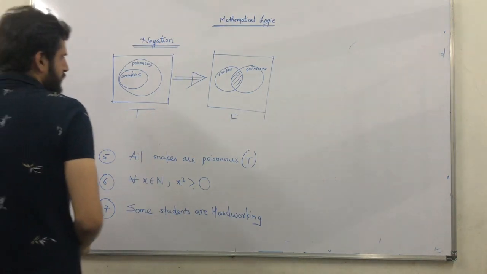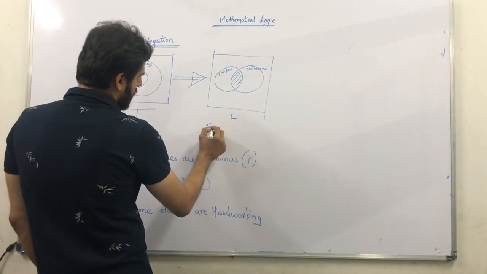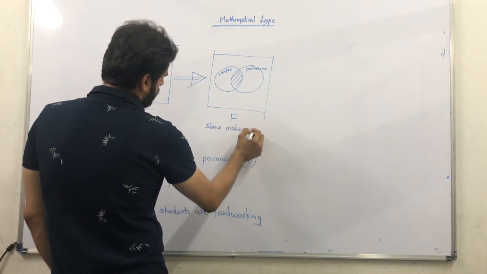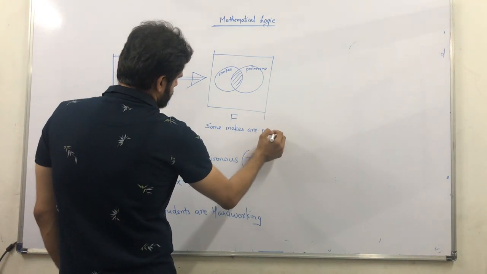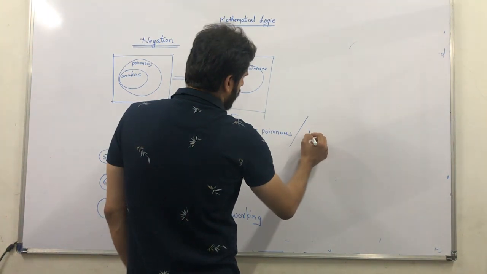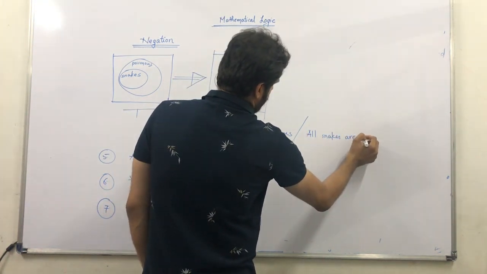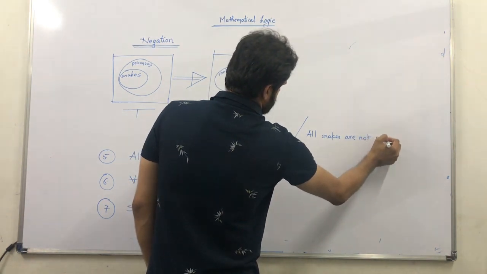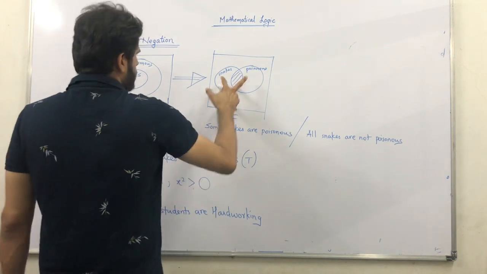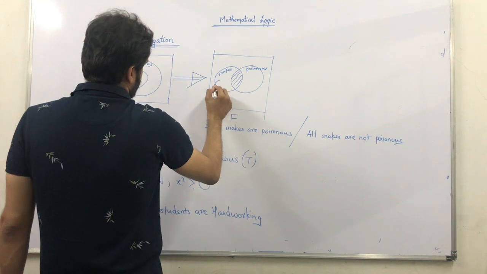We'll show the intersection in this, and the verbal form for this will be: some snakes are poisonous. You can also show it like this: all snakes are not poisonous. So we have some snakes as poisonous, and some snakes which are non-poisonous, right?